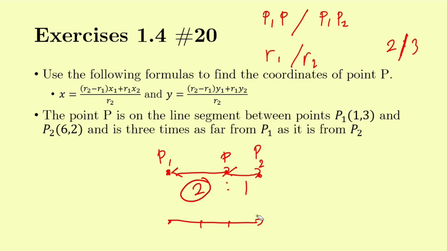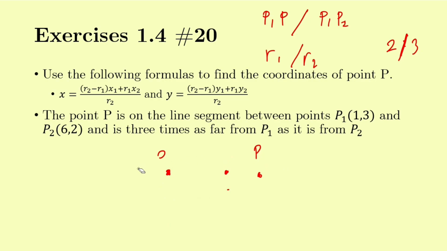Let's give another example on how we're going to represent it. Let's say na meron tayong point that is 4 times ang layo niya kay P1 compared kay P3. So, ang idea dito is like ganyan siya.